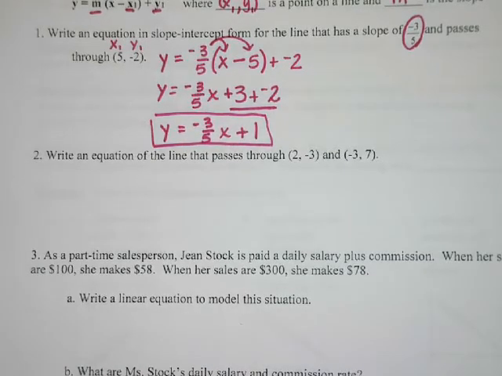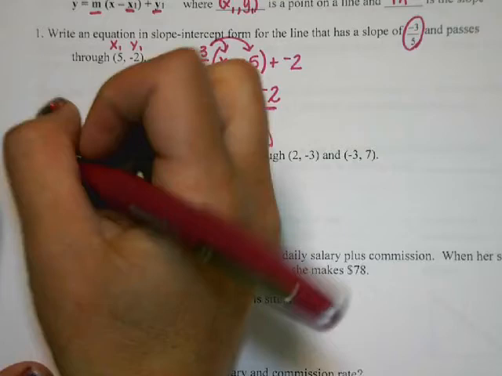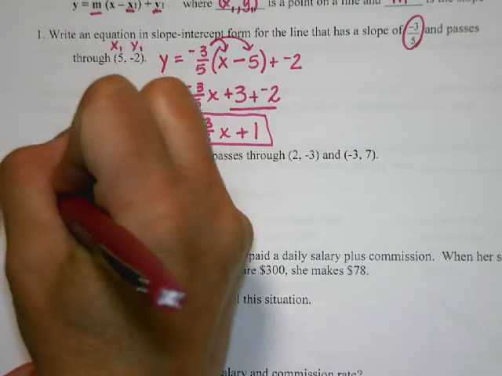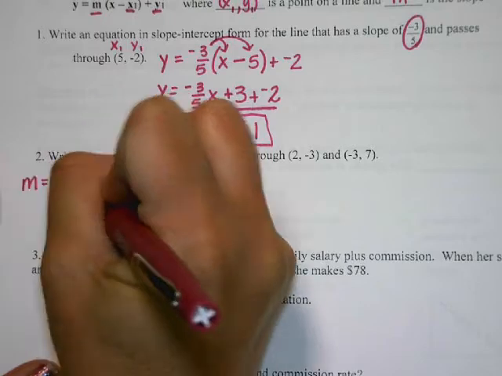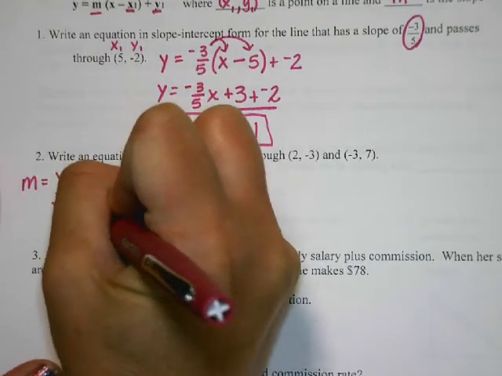Okay, number 2. It says write an equation of the line that passes through (2, -3) and (-3, 7). Did they give us the slope this time? No, they didn't, right? They gave us 2 points. So what we skipped in section 2-3 was the whole slope equation. Remember, the slope equation is the difference in the y's over the difference in the x's.